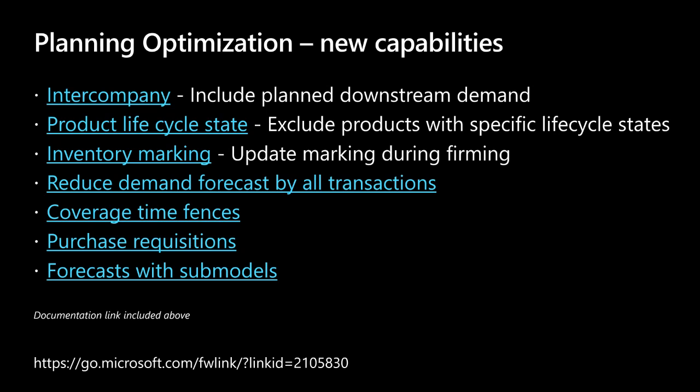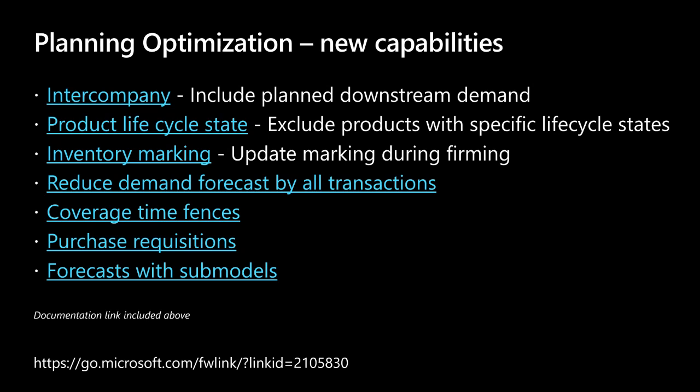One thing to notice here is that we don't currently have the ability to trigger multiple plans from the UI with one click, but you can set it up as a batch job that triggers the jobs individually in the individual companies. So it is achievable, but with the UI, there is still something that we don't have. But intercompany with downstream demand is fully supported, also with forecast and so on.